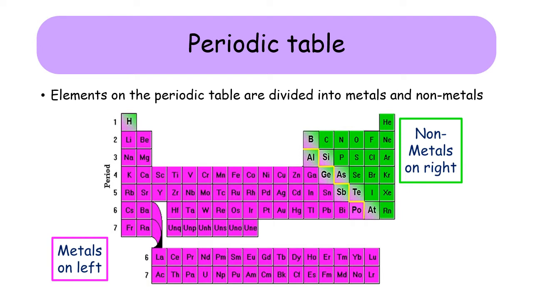That black line divides the elements into the metals and the non-metals. So anything to the top and right of that staircase is a non-metal. Everything to the bottom left of that staircase is a metal. So we need to be able to identify metals from non-metals.